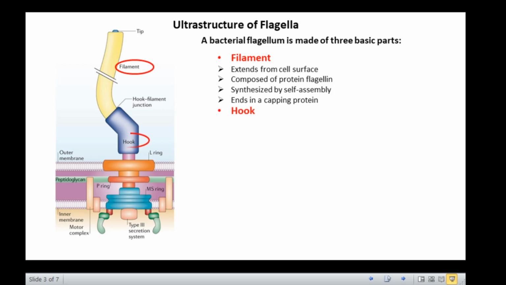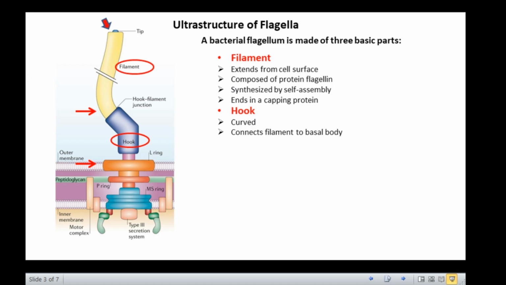The hook, as the name suggests, is sharply curved almost at right angle to that of the filament. It connects the filament to the basal body, causing it to point directly away from the cell. It is shorter, almost 55 nanometers long.